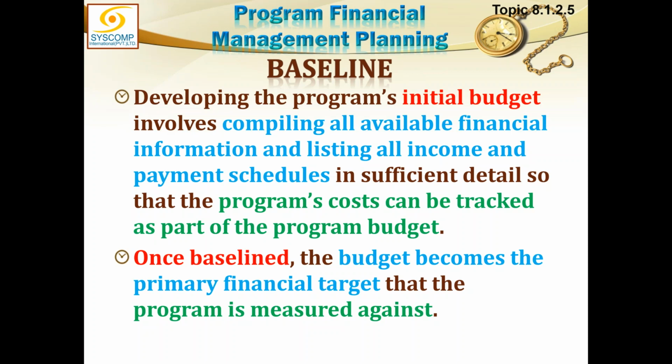And I am not saying that you can't change it, but naturally that will tantamount to a change request. So the baseline is not with the cost here, the baseline is with the financials. So once it is baselined, the budget becomes your primary target to achieve.